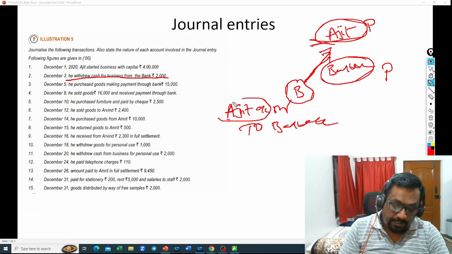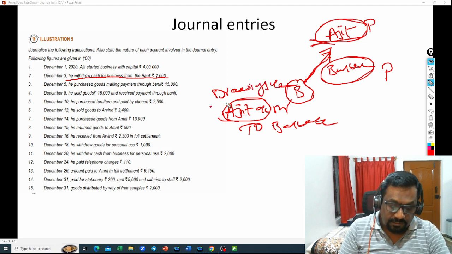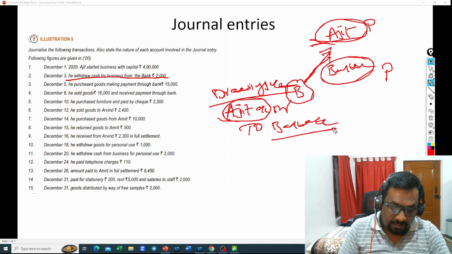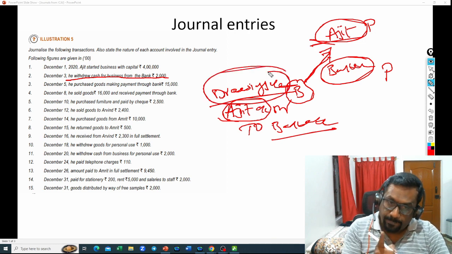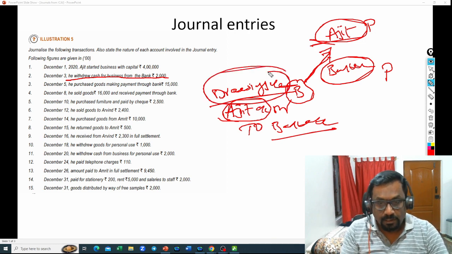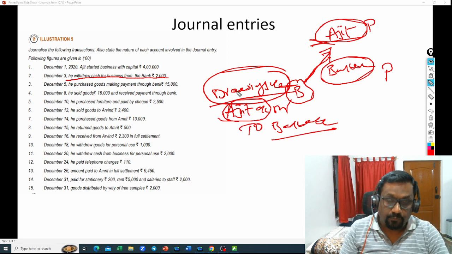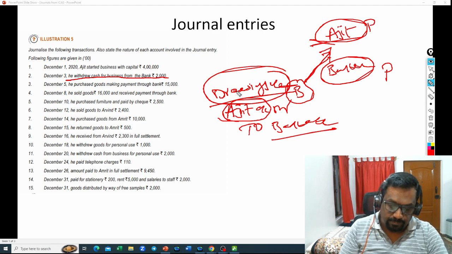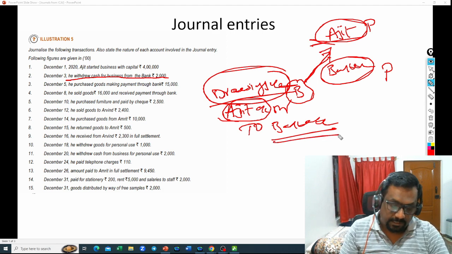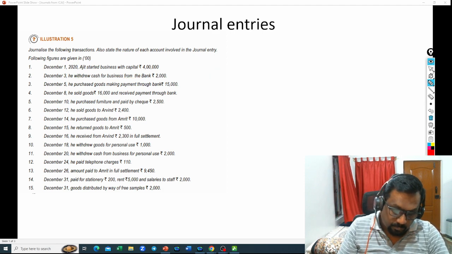Instead of debiting Ajit's account, we debit drawings account. So the entry is drawings account debit and bank account credit. Drawings is what type of account? Personal account. Why is it a personal account? Because it is being debited on behalf of a person. Hence drawings account is a personal account, that too a representative person. Bank, as you know, is a personal account. Clear? Let us move on to the next one.